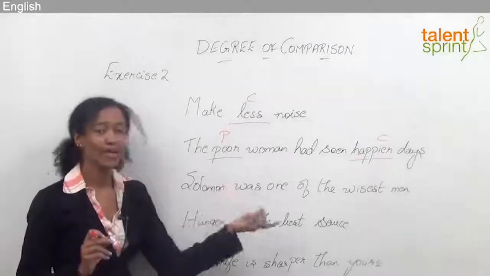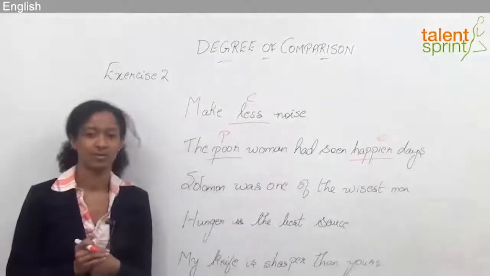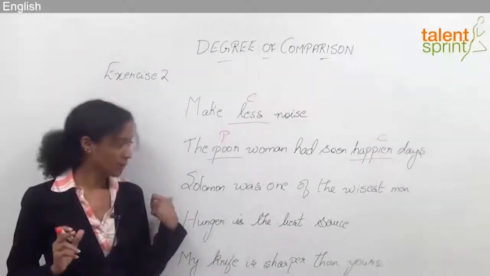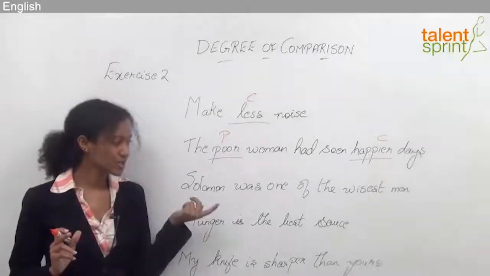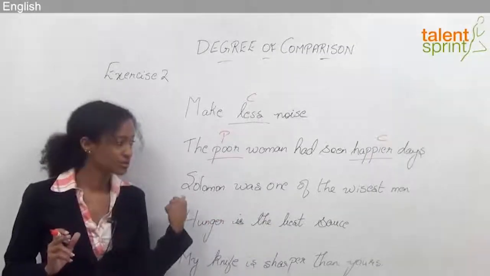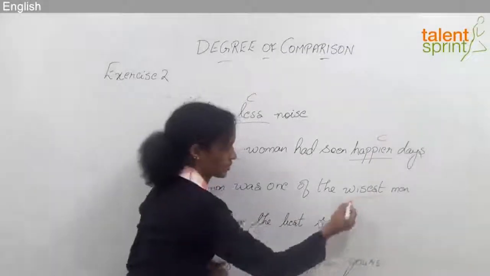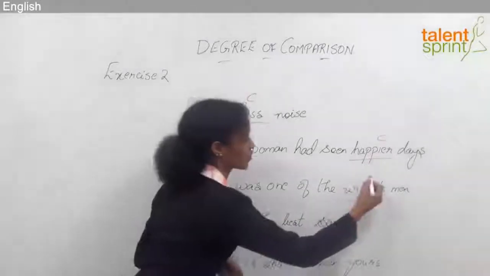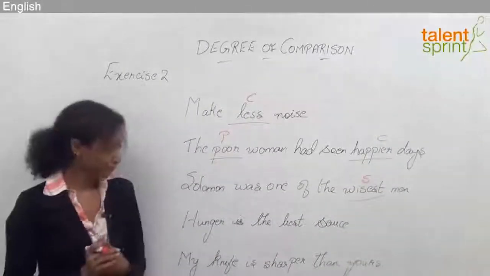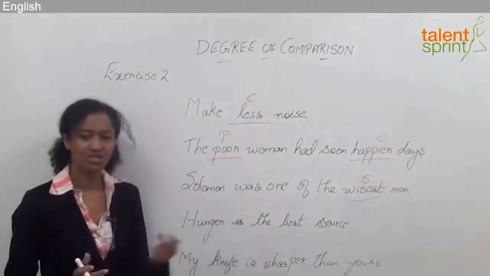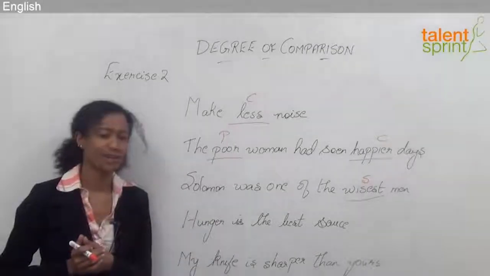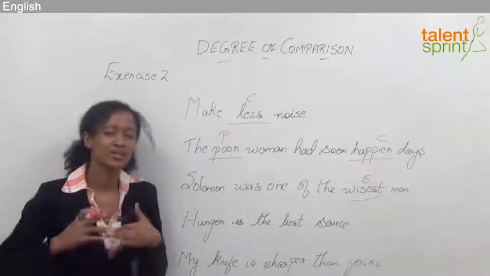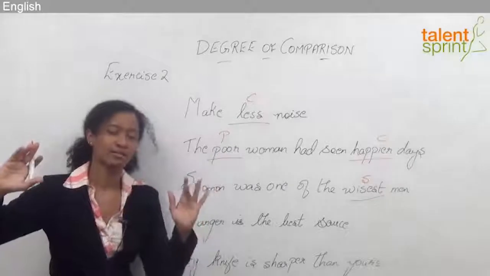Solomon was one of the wisest men. Solomon was a wise, great king. What is the adjective here? Wisest. This is an easy one, right? What do we add est to? Superlative. Hunger is the best sauce. Again, I have est here, and I already said something that is the best, like the most favorite.